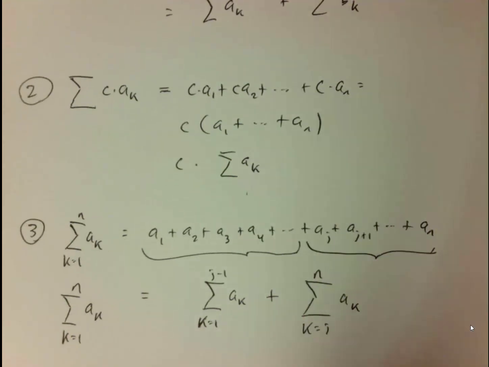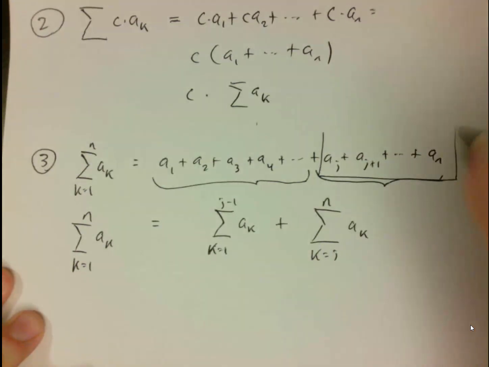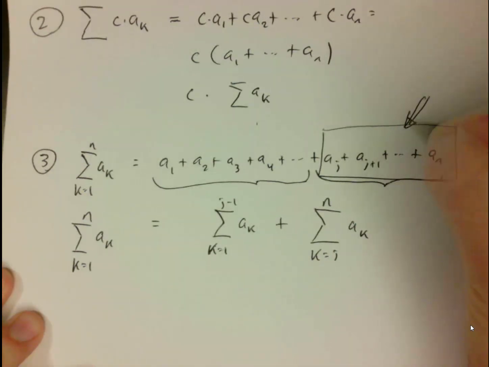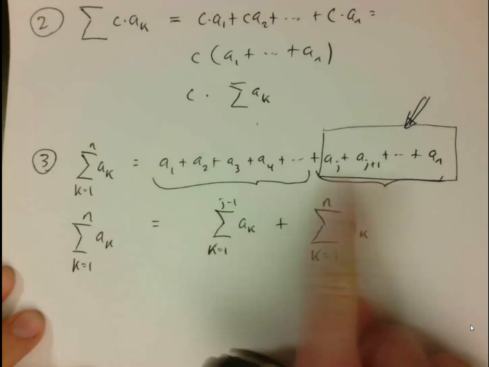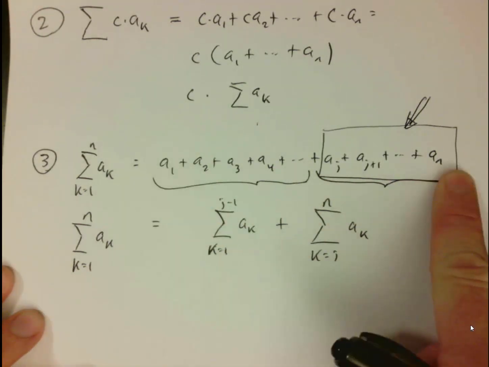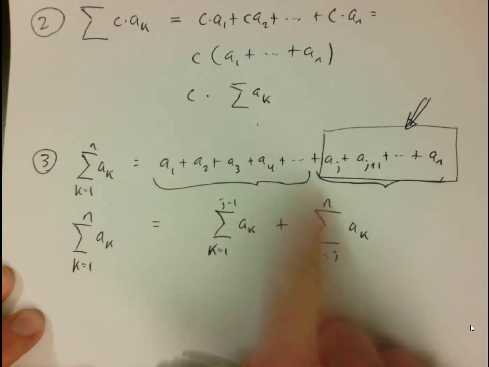And that might seem uninspiring, but we can rearrange the terms here. Let's say we only cared about this part of the summation. If we only cared about this part of the summation, we could say that this part is equal to the entire summation minus the part that goes from the beginning up to here.